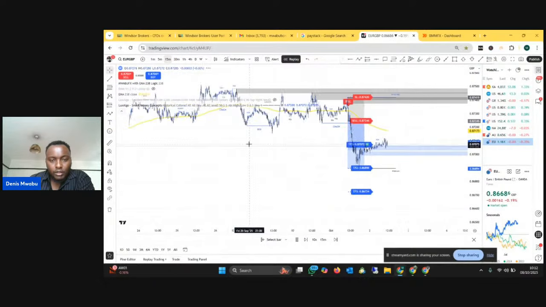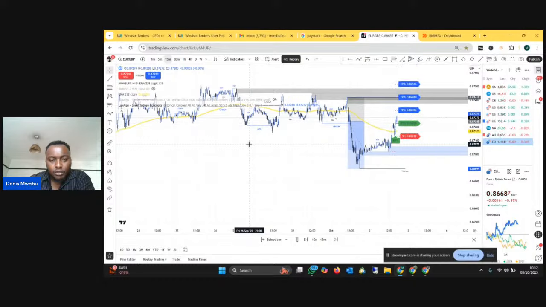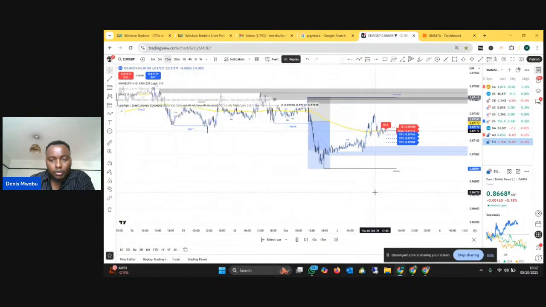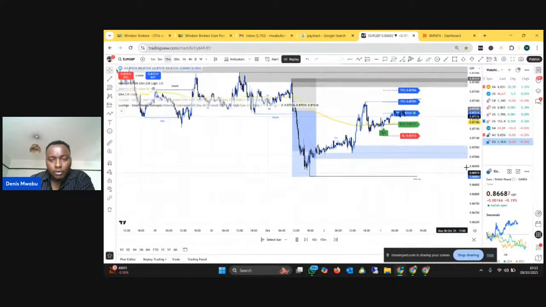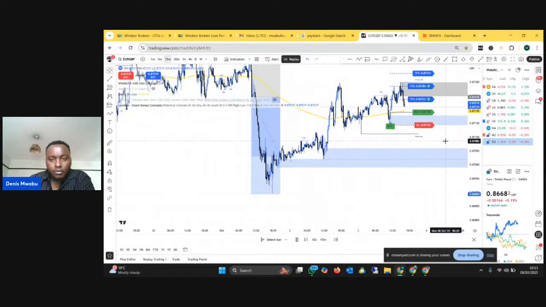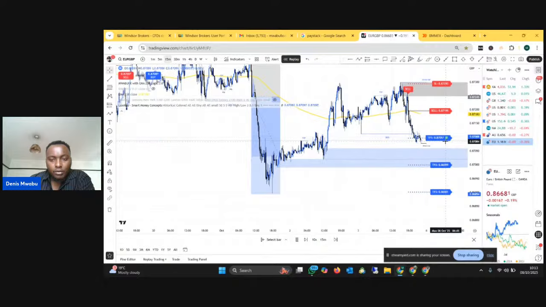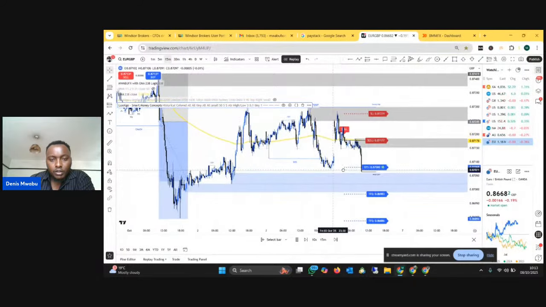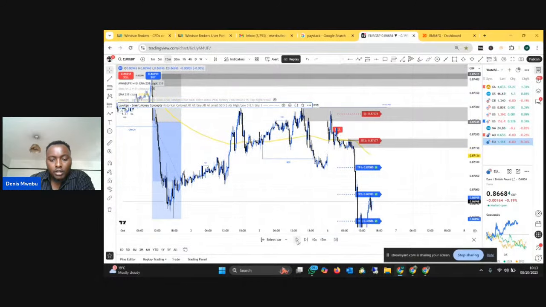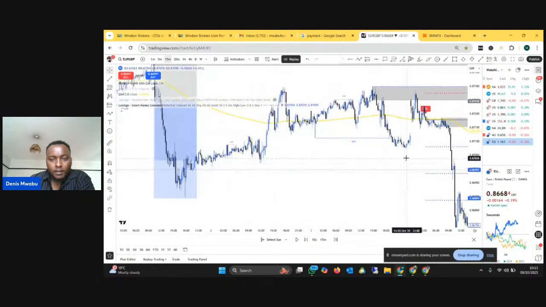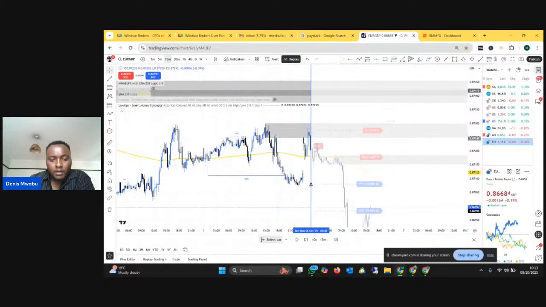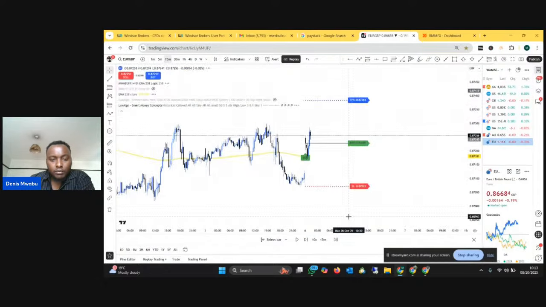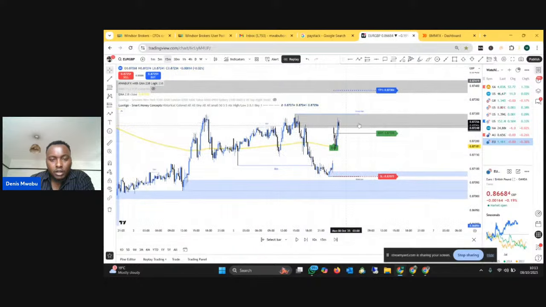When you're looking at these things, that is why also on US30, I'm telling you the same thing. Like here, you can see what happened. There's this particular zone here. Price came back to this entry here.